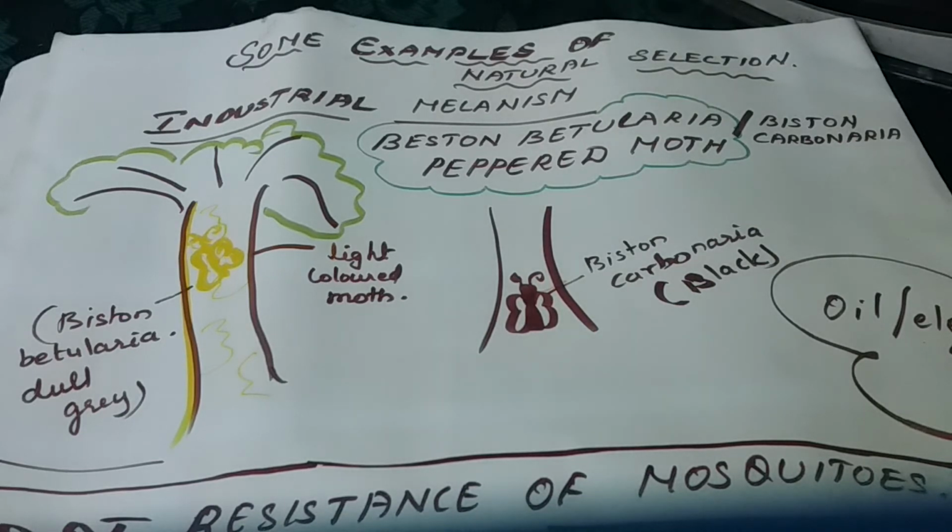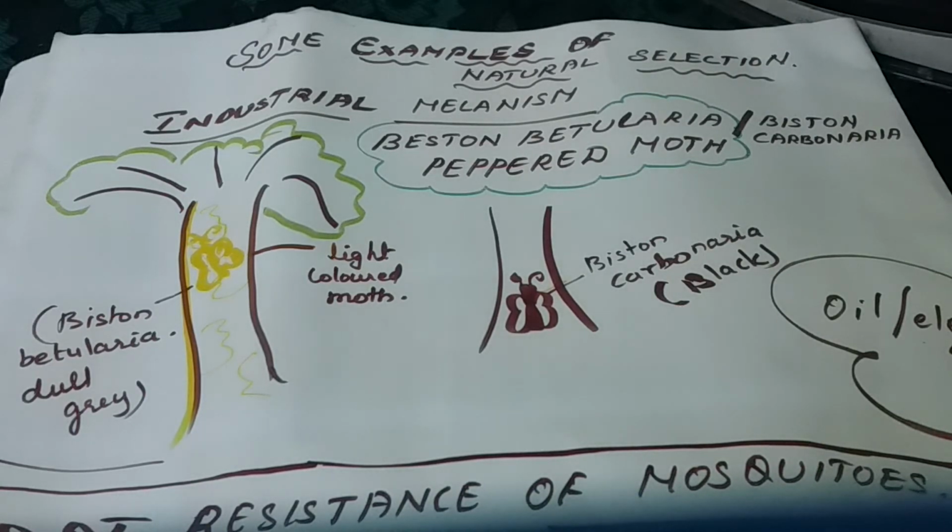Before the industrial revolution, the tree trunks used to be covered with grey colored lichens, masking the dull grey moth, but the mutant moth was conspicuous due to its black coloration and was therefore more susceptible to predation by the birds.